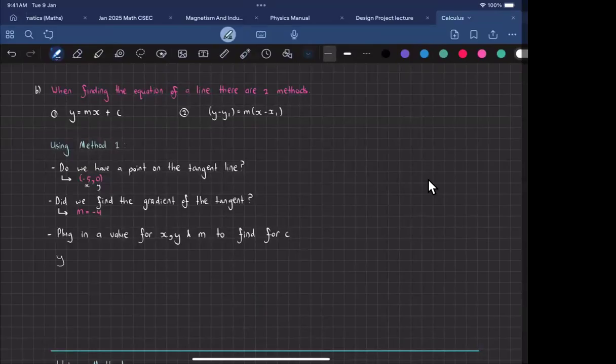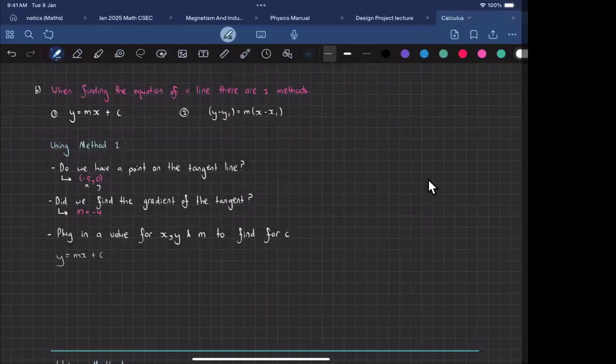So I have y = mx + c. Aliyah, what do you think I'm going to do next? You're going to write in the values. Okay, so tell me what to write in the other line. y is equal to... do we know what y is?